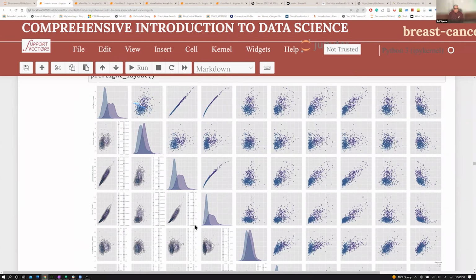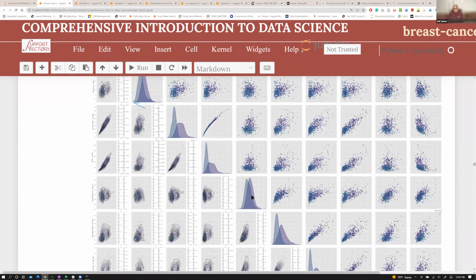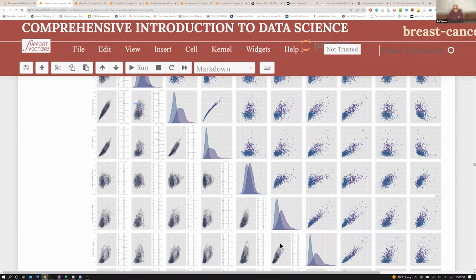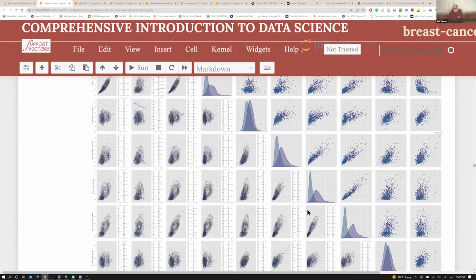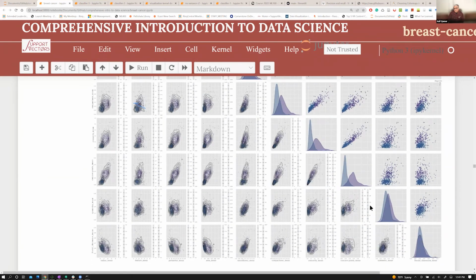This is reasonably good. This is better. This is hopeless. This is okay. This looks pretty good. Oh, this looks even better, right? And this happens to be concave point mean. So of all of this, concave point mean seems pretty good, isn't it? They have very little overlap.